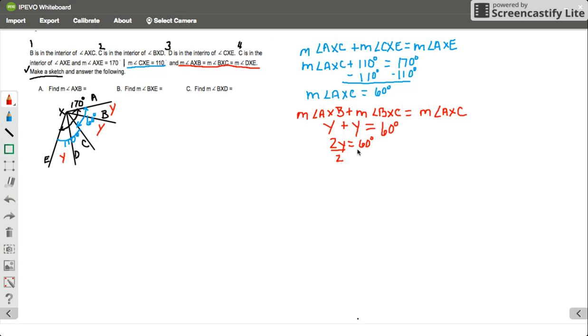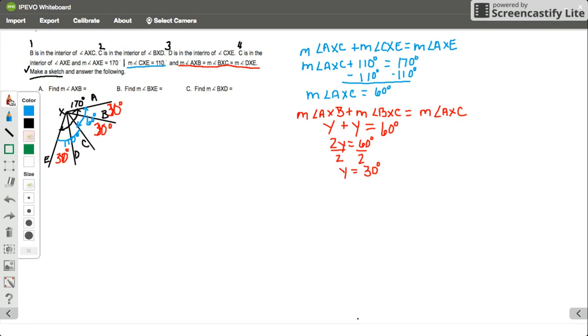Remove the multiplication by dividing by 2, our y is equal to 30 degrees. So this means that the measure of angle AXB is 30 degrees. The measure of angle BXC is 30 degrees, and the measure of angle DXE is 30 degrees.